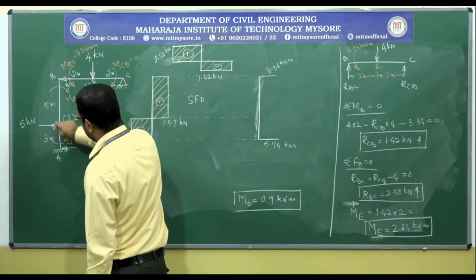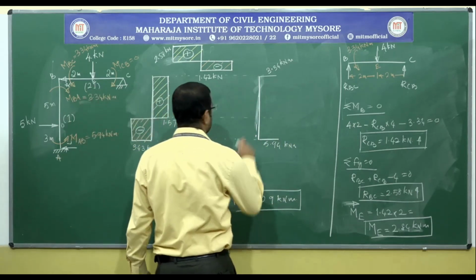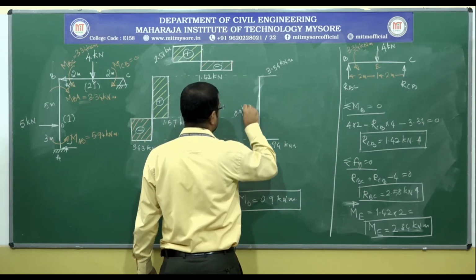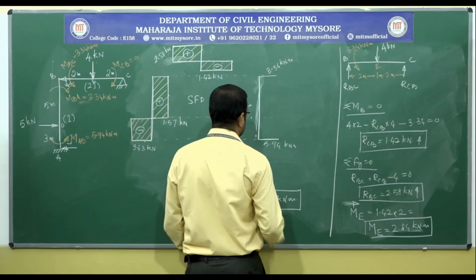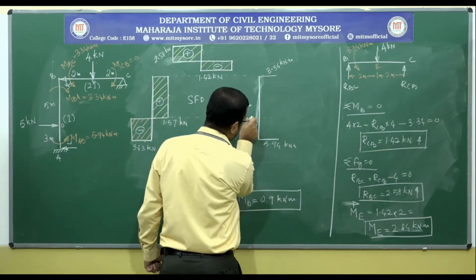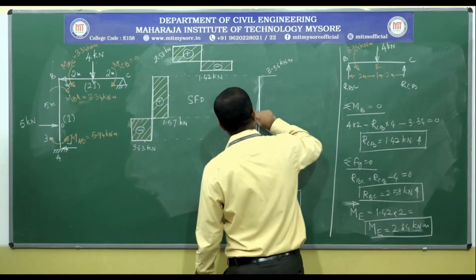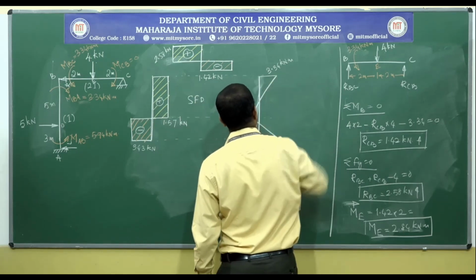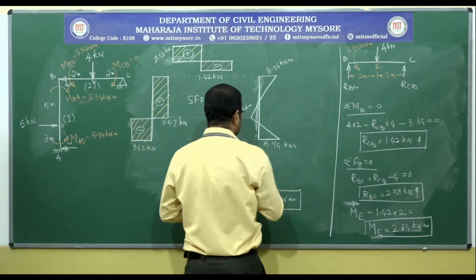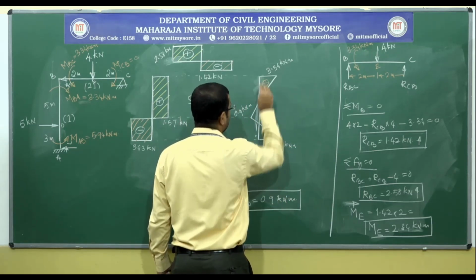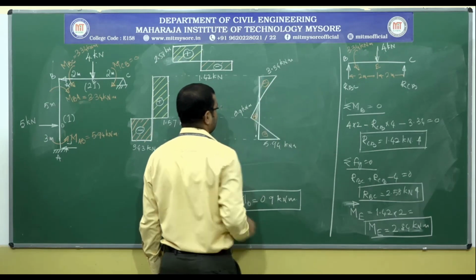At the point D we have a positive moment of 0.9 kilonewton meter. Because of the concentrated load, the variation in the bending moment diagram will be linear. So this is the negative bending moment, and this is the positive bending moment.